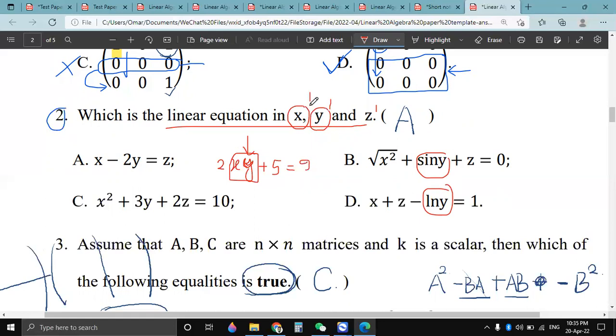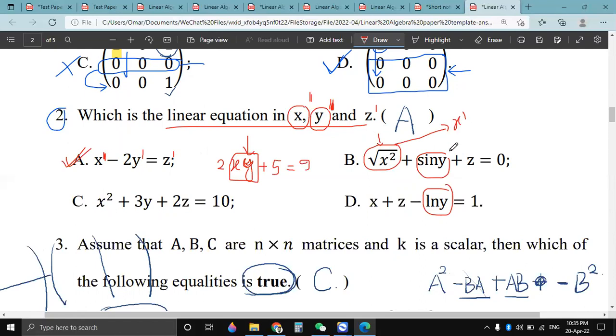For a linear equation, the power of each variable must be 1. So if you look here, the first option, the power of x is 1, power of y is also 1, and power of z is also 1. So this is a linear equation. But for the second, the power is something else, right? If I calculate this, it will be x to the power 1.